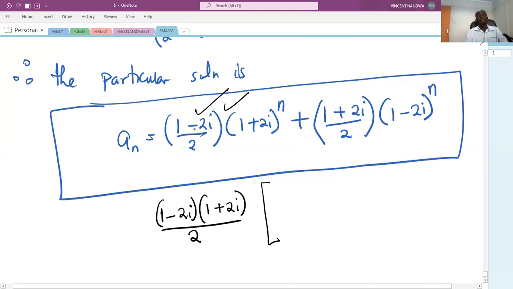Then here, because I have already factored out this one, so I'll have 1 plus 2i, and then I need to multiply this one by. Okay, let's just do step by step.